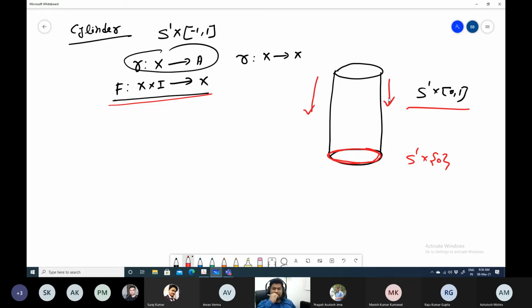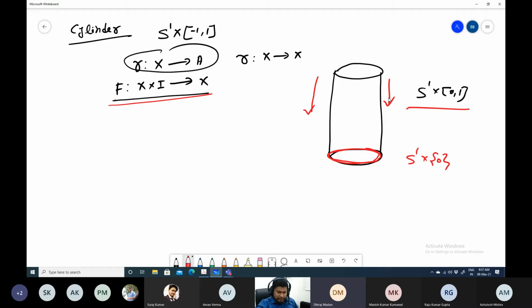Like if we take an arbitrary point (x, y, z), considering it as embedded in R cubed, then we can make a deformation retraction as f(x, y, z, t) = (1 - t)(x, y, z) + t(x, y, 0). So that basically is (x, y, (1 - t)z).